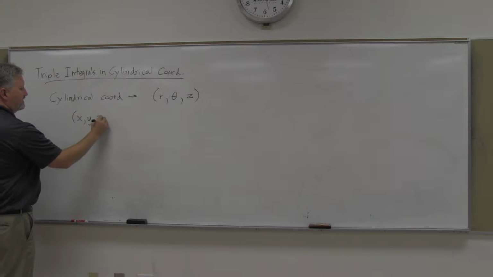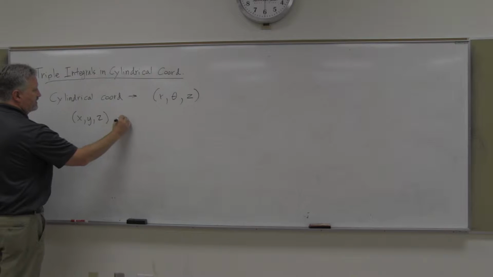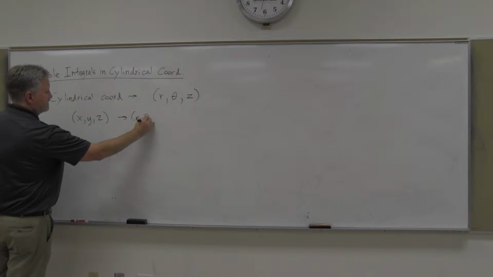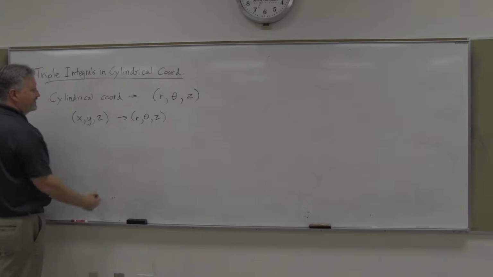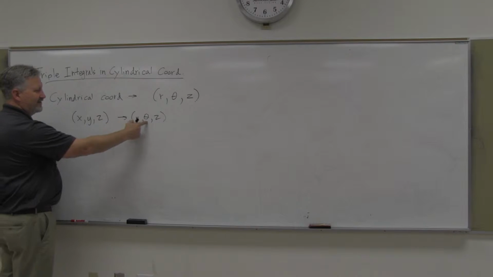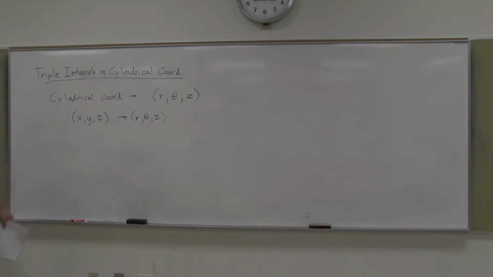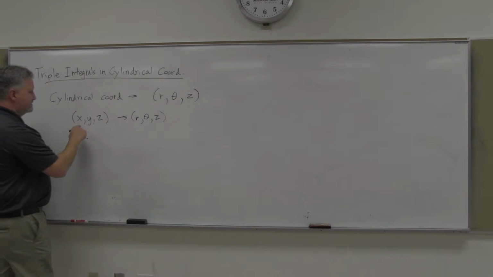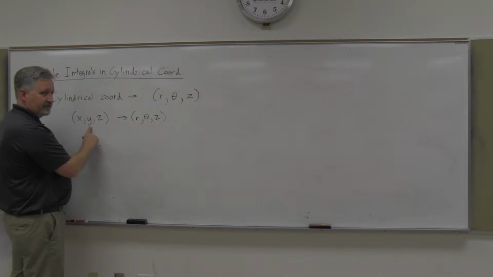If I've got x, y, z and I want to convert that to r, theta, z, how do we get the r and theta? Well, it's the same as before. r is the square root of x squared plus y squared.